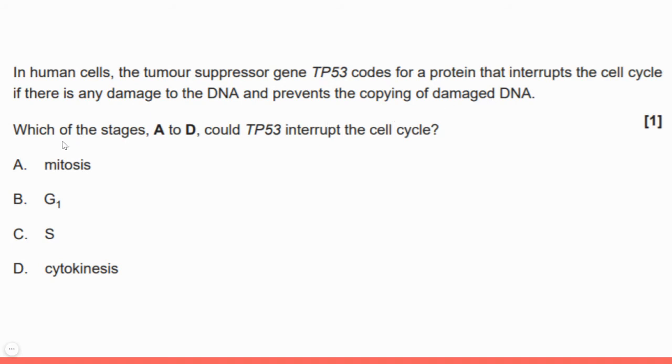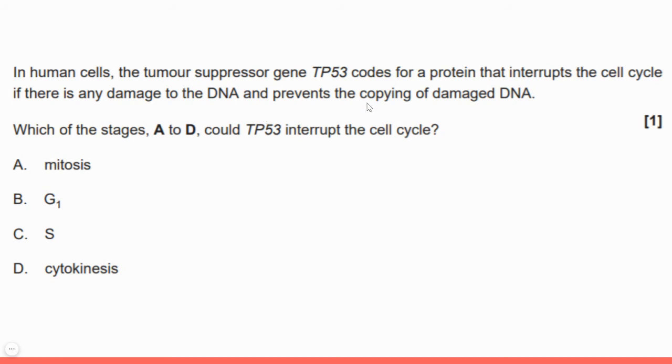Now our question is, which of the stages from option A to option D could TP53, the protein which is coded by this gene, interrupt in the cell cycle? Now we know that TP53 prevents wrong or damaged DNA from getting copied.